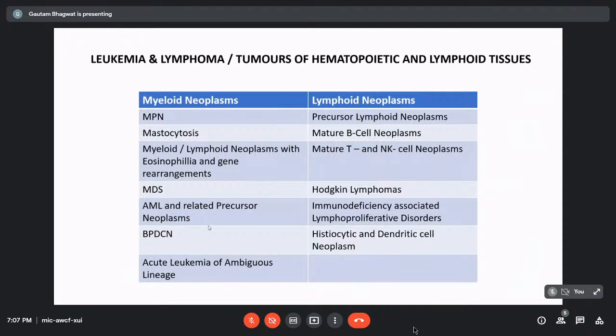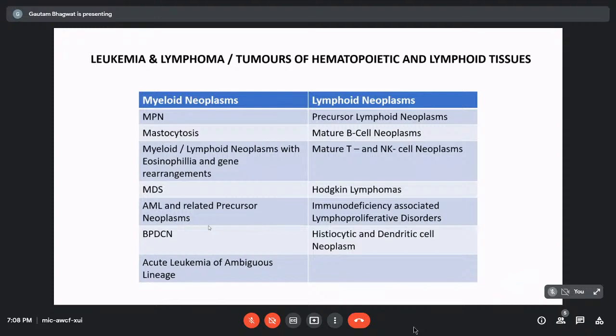And in 2016 we got this classification, tumors of hematopoietic and lymphoid tissues. We call it leukemia and lymphomas. The classification was in two: myeloid neoplasms and lymphoid neoplasms. Myeloid again included myeloproliferative neoplasm, mastocytosis, myeloid or lymphoid neoplasm with eosinophilia and gene rearrangements, the myelodysplastic syndromes, AML, the acute myeloid leukemia and related precursor neoplasms, blastic plasmacytoid dendritic cell neoplasm, and acute leukemia of ambiguous lineage.